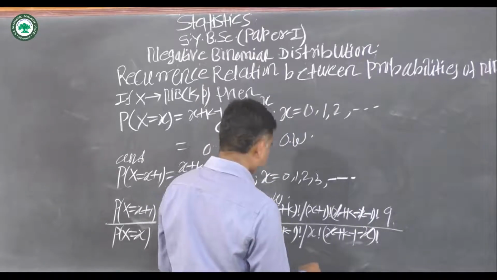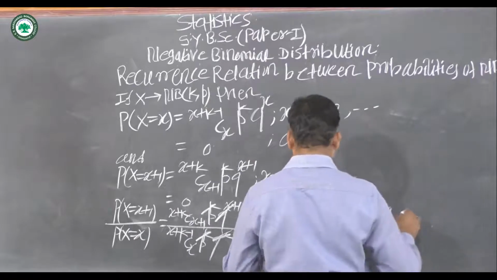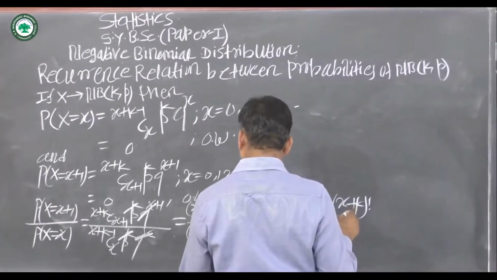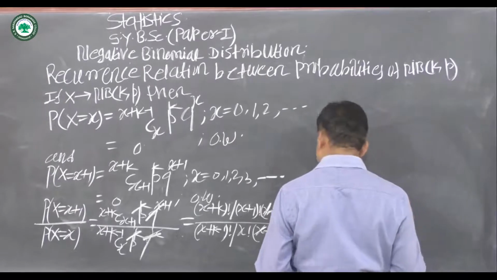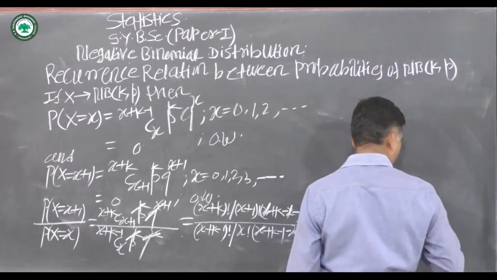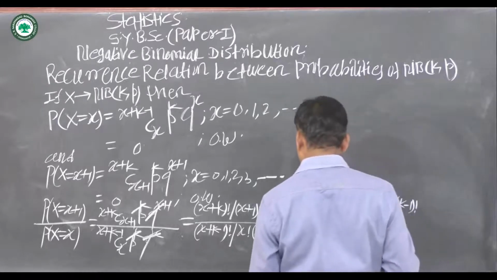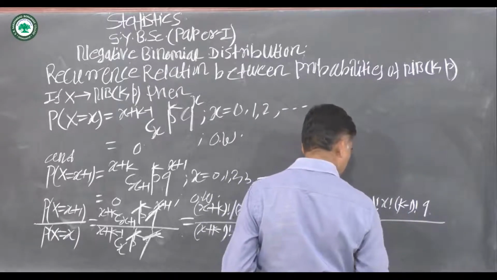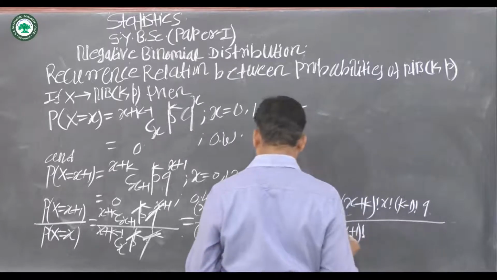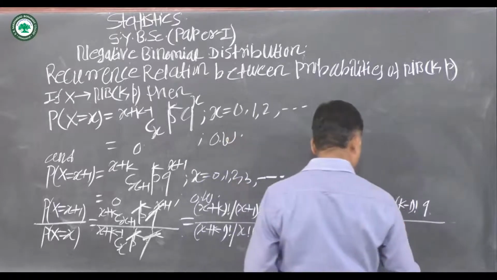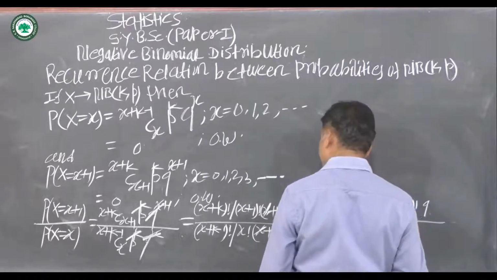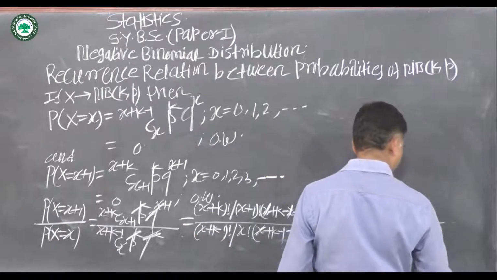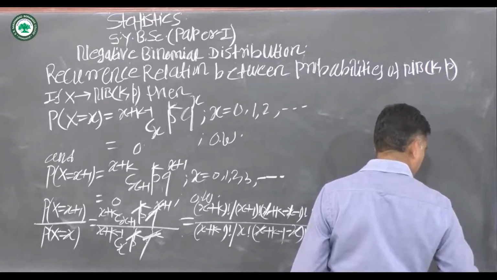Then which is equal to, again this can be written as x plus k factorial into x factorial into k minus 1 factorial into q upon x plus 1 factorial into k minus 1 factorial, okay, into x plus k minus 1 factorial.